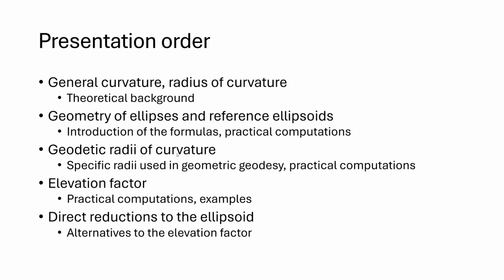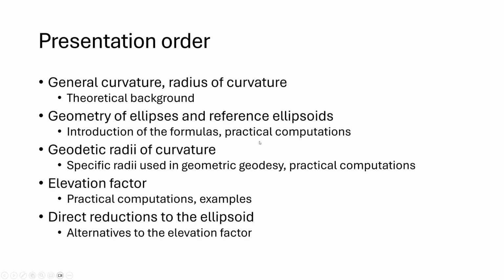There's a fair number of them. And we need to know how to calculate these, because the value of r that we are using in our formula for the elevation factor depends upon several different radii of curvature.